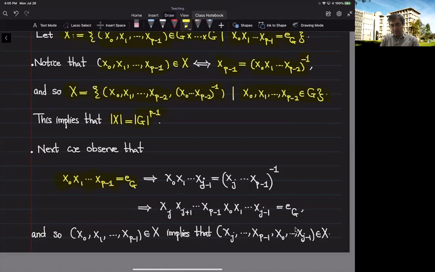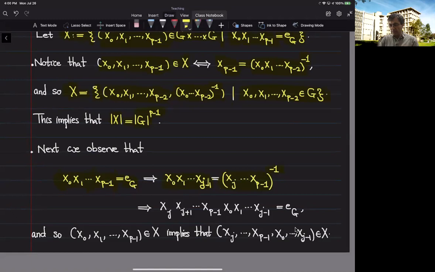This product is supposed to be the neutral element, which means the first bunch is the inverse of the second bunch. So the product of x sub 0, x sub 1, up to x sub j minus 1 is the inverse of the product of the rest of the x sub k's.